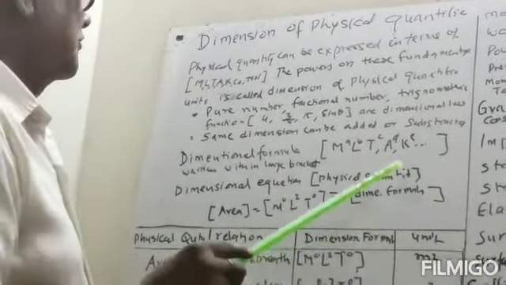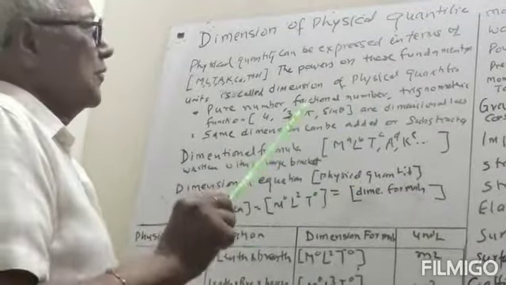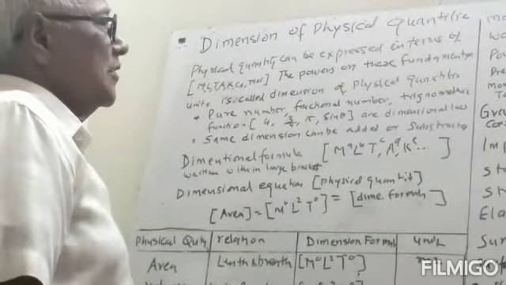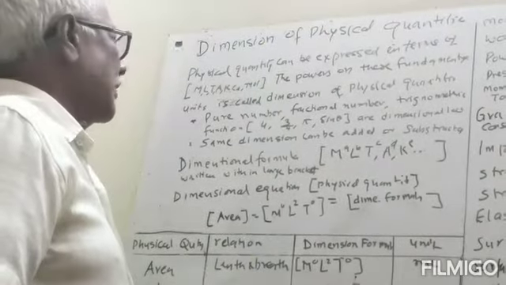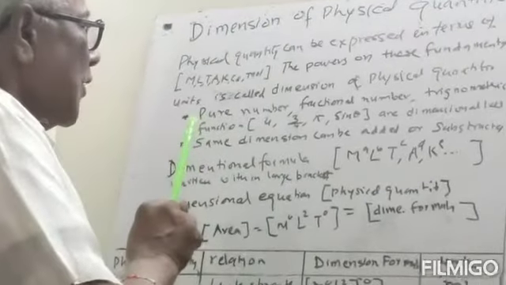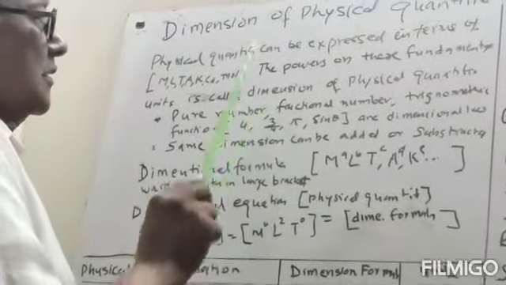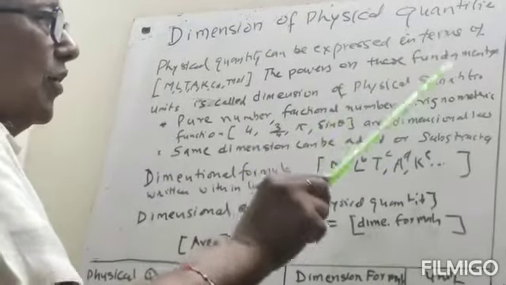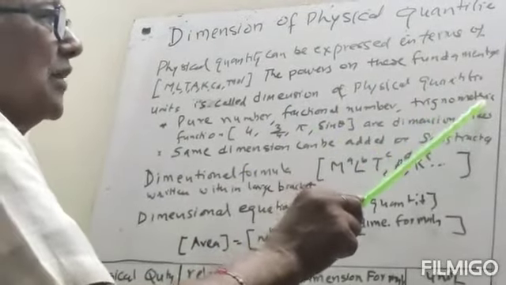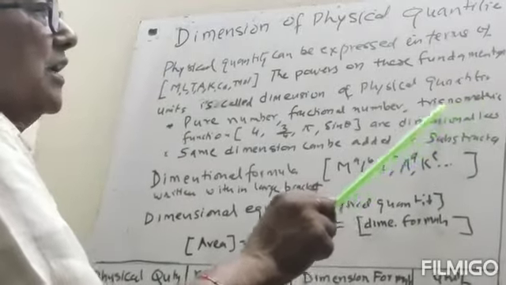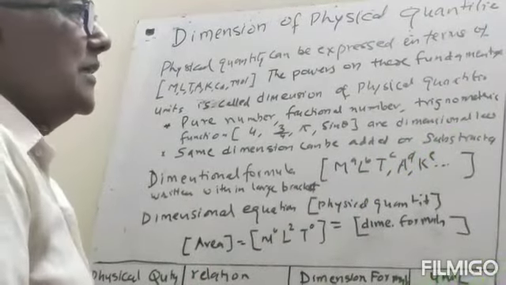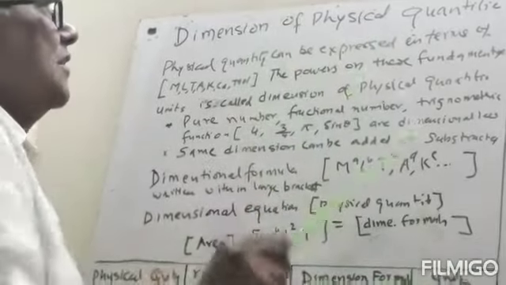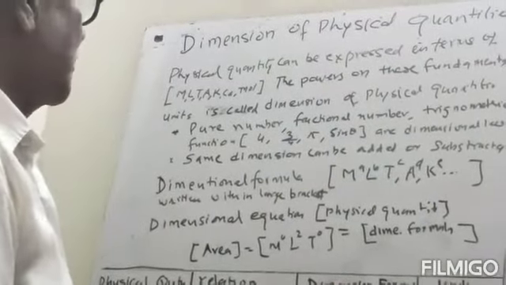Now what is to be remembered for writing the dimensional formula for any physical quantity? Number one, a pure number, fractional number, or pi, or any trigonometric function, sin theta, cos theta, they are unitless and we will not count them for writing the dimensional formula.